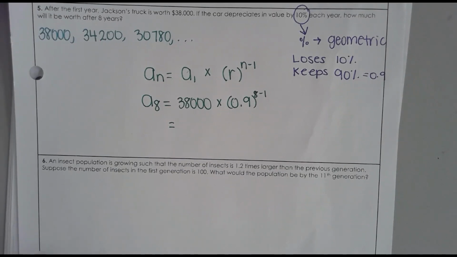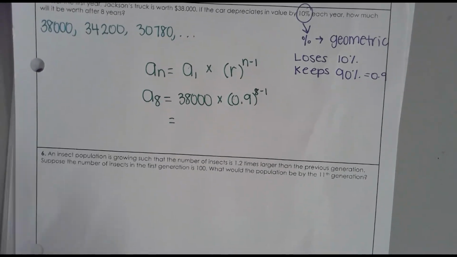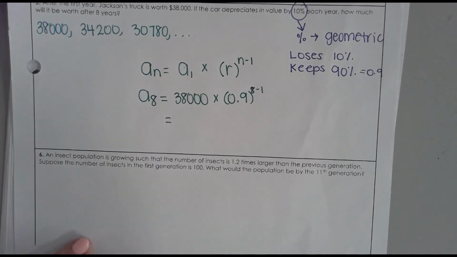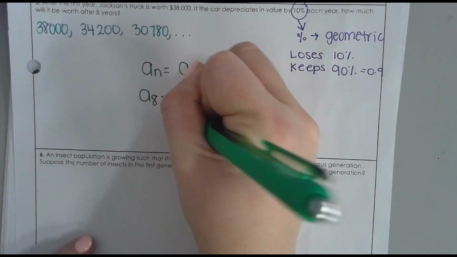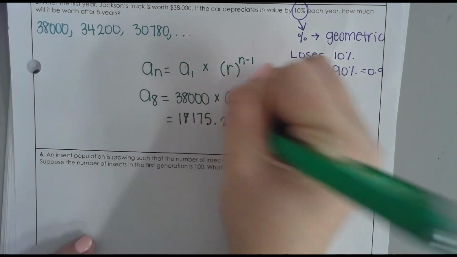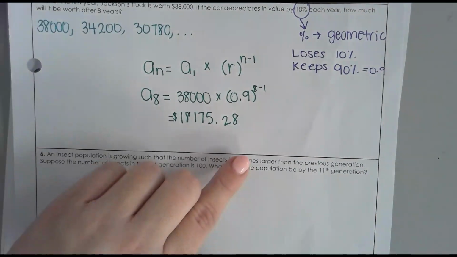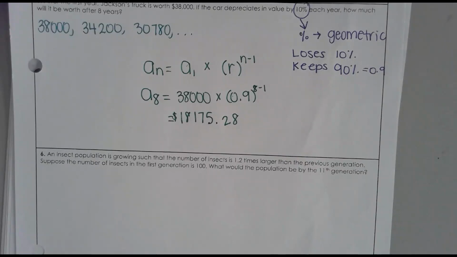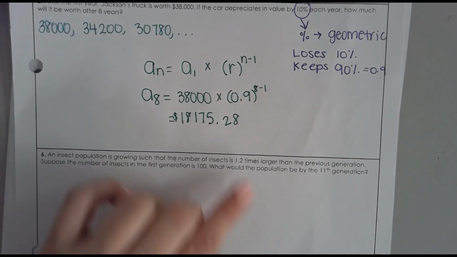You get what? Yep, that's fine. 18,175. Yep, and then 28 cents. So with money, it's always 2 decimal places. When we're dealing with money, should we round up or just leave?